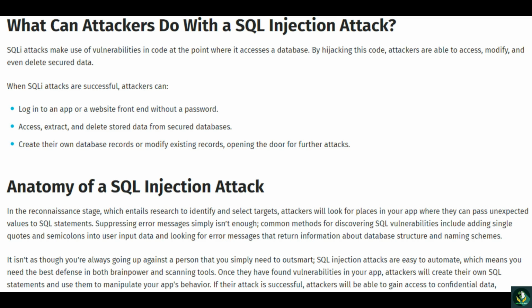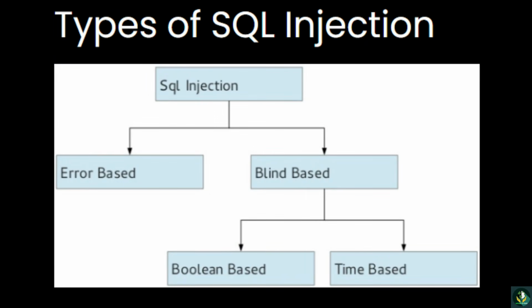When SQLI attacks are successful, attackers can log into an app or a website front end without a password, access, extract, or delete stored data from secured databases, create their own database records, or modify existing records, opening the door for further attacks.